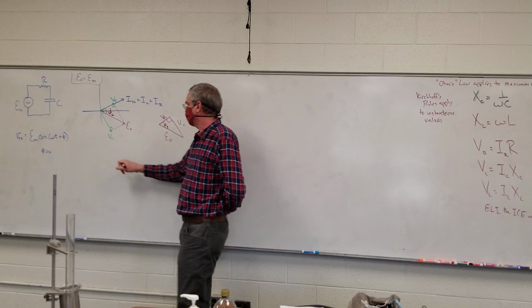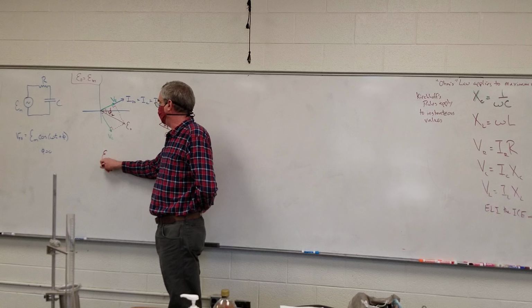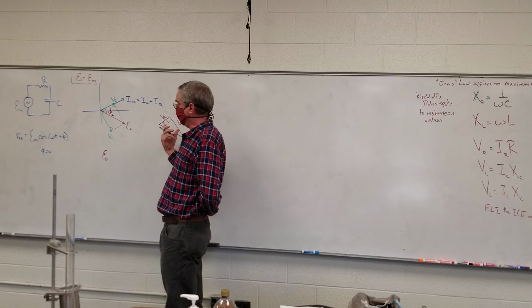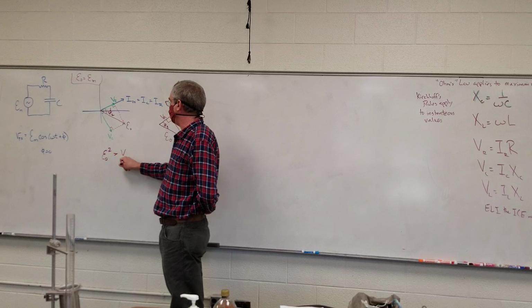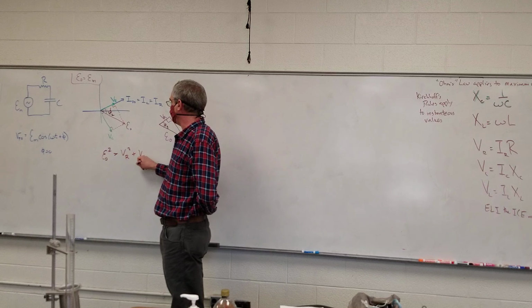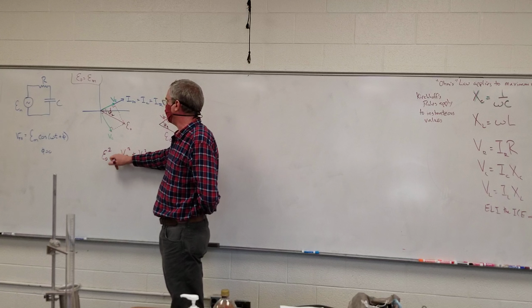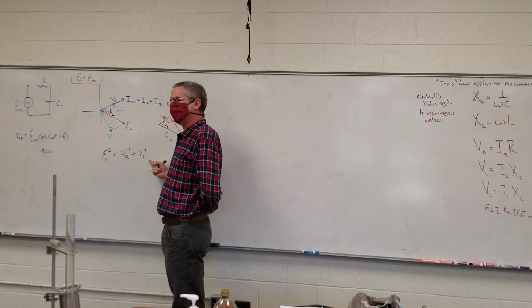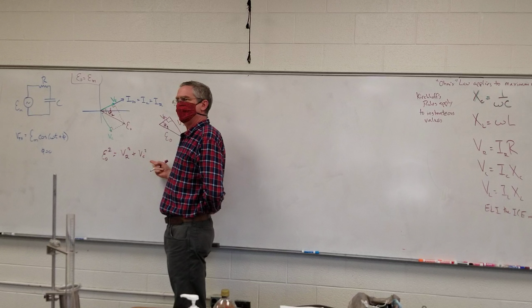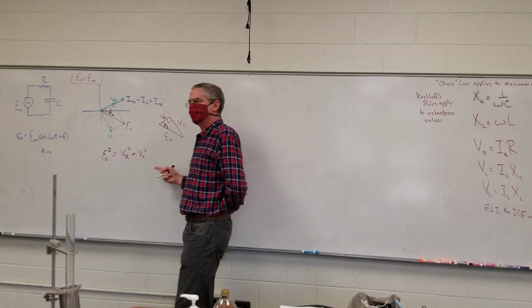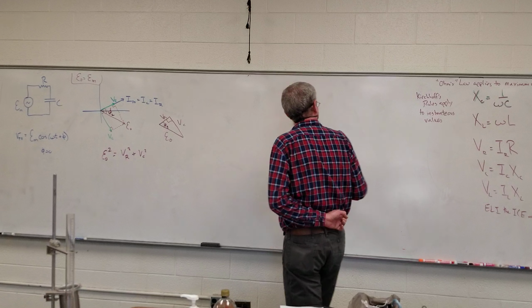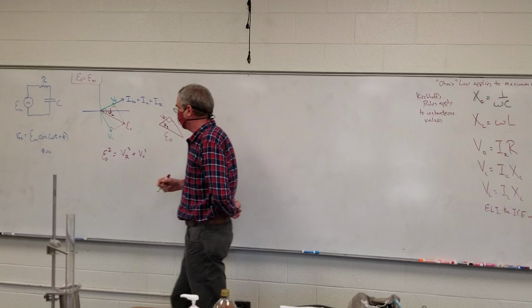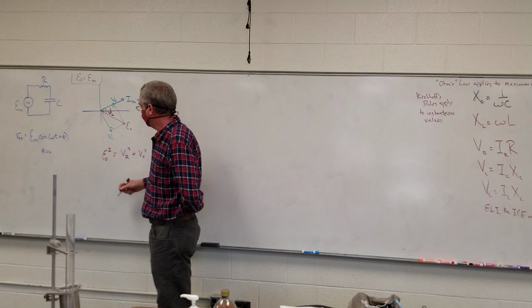Well, I know that epsilon is the hypotenuse of a right triangle. Pythagorean theorem still holds. Epsilon sub naught squared is equal to VR squared plus VC squared. Ohm's law applies, because these are all maximum values.